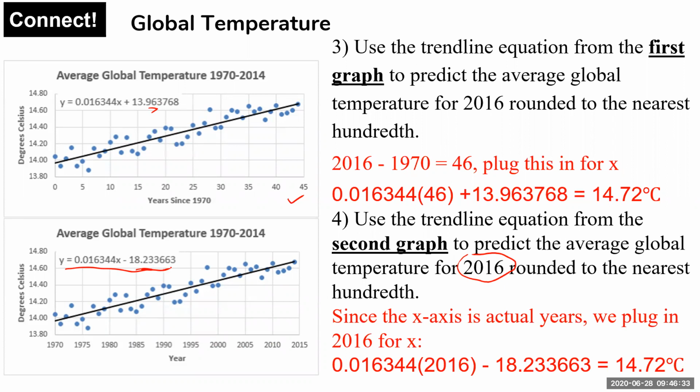Do you see that? What I want to let you know is that if you have a graph that has the year difference and you're asked to estimate for a particular year, and you will always be given this equation, subtract the starting year from the year that you have to estimate, and plug the difference in for the value of your X. On the other hand, if you get a graph that has the actual years on the X, and you have to estimate for any given year, just plug in that year for your X like we have done here.